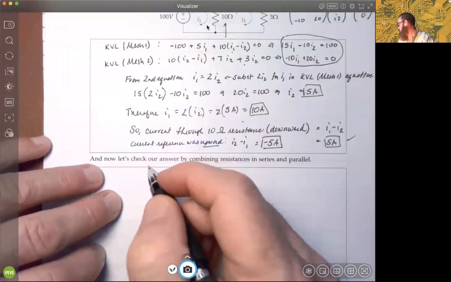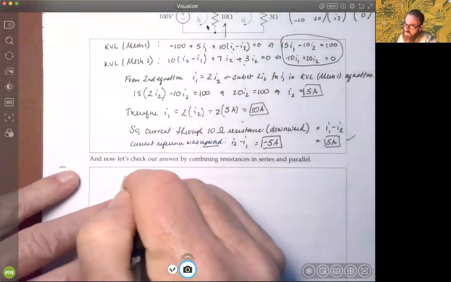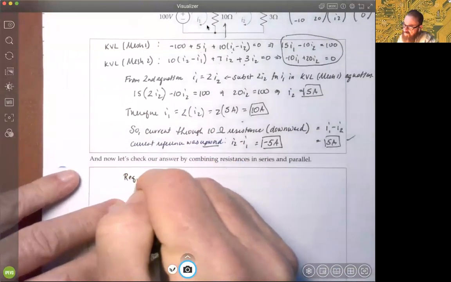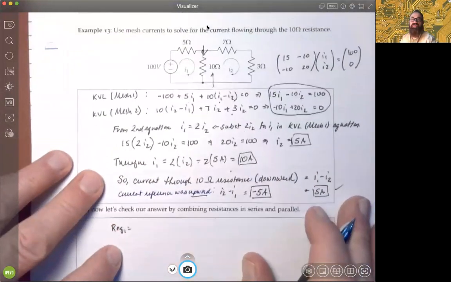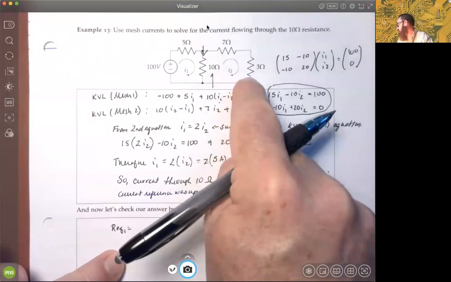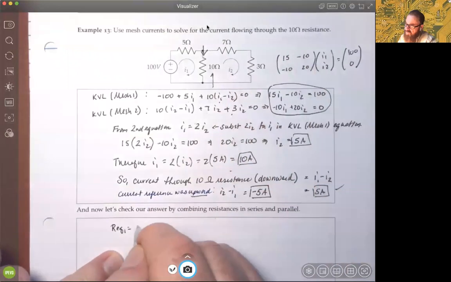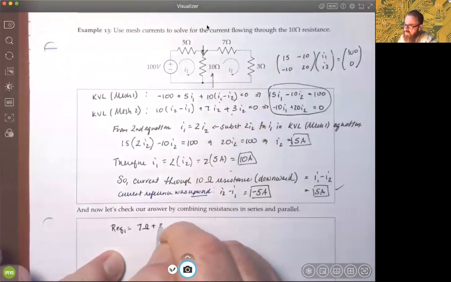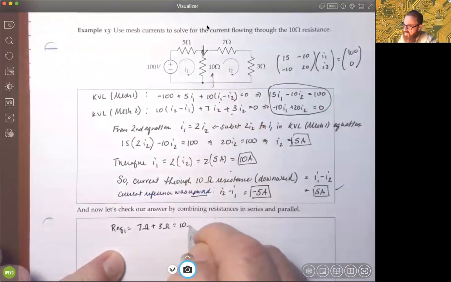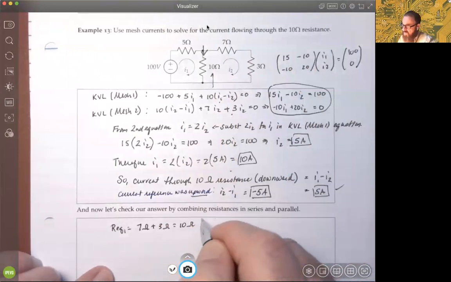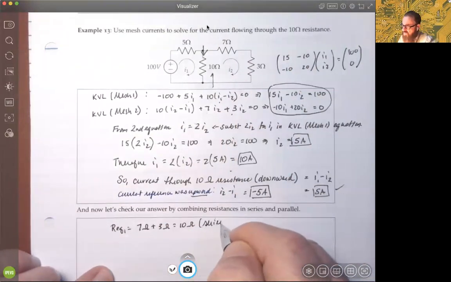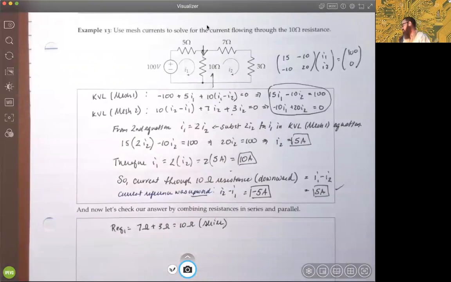So we can get an equivalent here, right? So we'll get our first equivalent, because you could see immediately from the diagram, the first equivalent you could go for is series. So the first equivalent would be 7 ohms plus 3 ohms, and that would give you 10 ohms, okay? In other words, because those two resistances are in series.